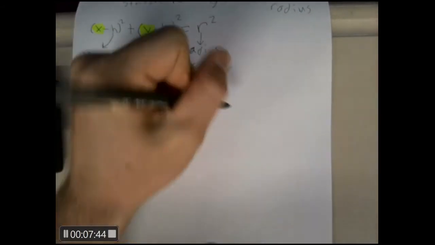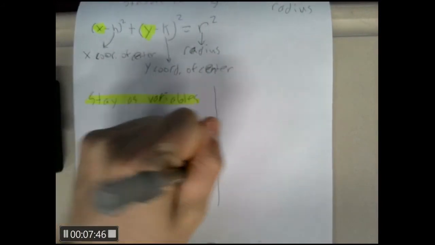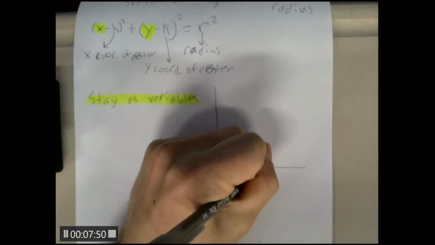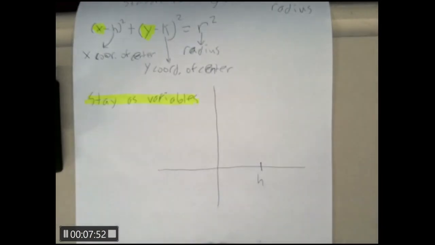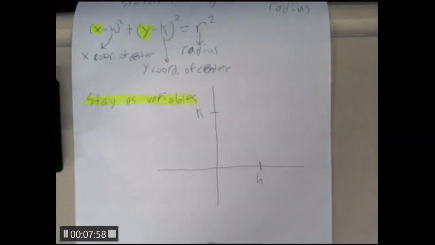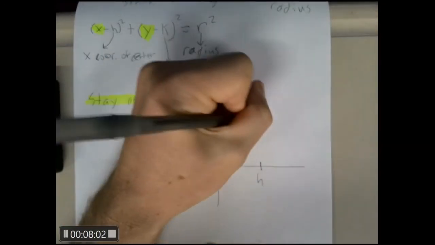And so what a graph might look like, I'm just scrolling down here a little bit. So you have your coordinate plane. Remember our h is our x coordinate of our center, so I'm going to go over h in the positive direction. I'm going to go up k in the positive direction. This will change depending on what they are. I'm going to put my center down.